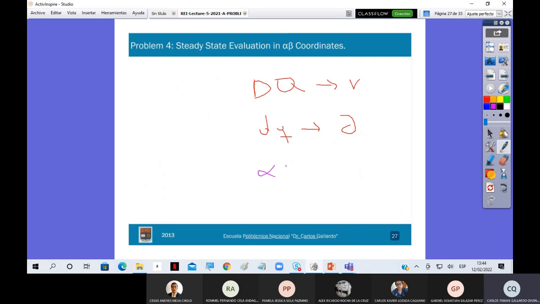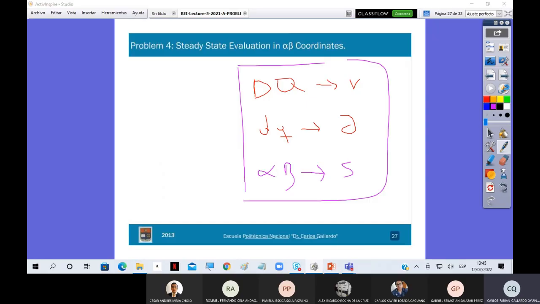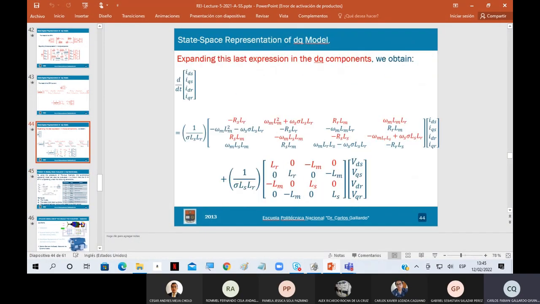And the alpha-beta reference frame is the stator reference frame. So we have the dynamical models. The steady state analysis is a particular case of the dynamical analysis. That is the reason I need to analyze the steady state evaluation in the DQ coordinates. We have already derived this equation. For instance, let's start with the fluxes.